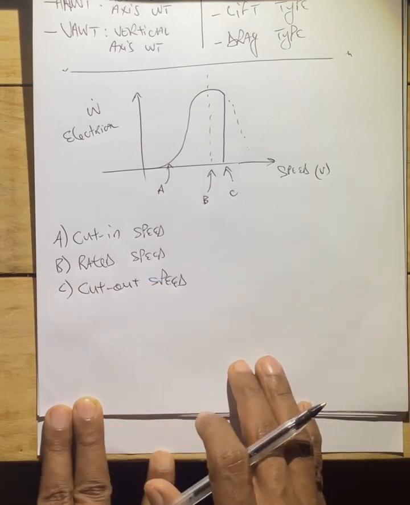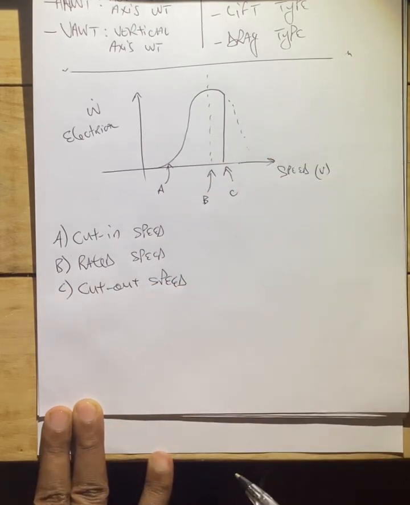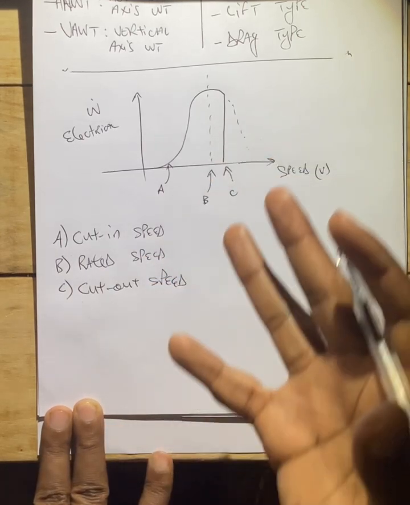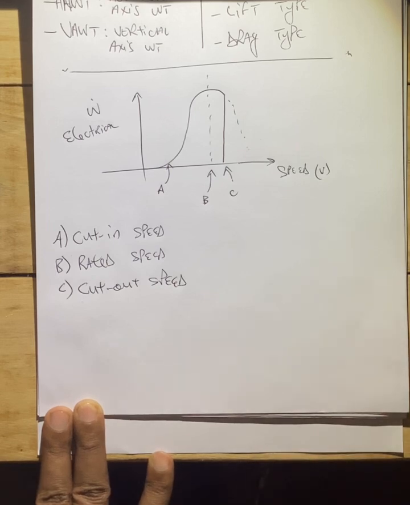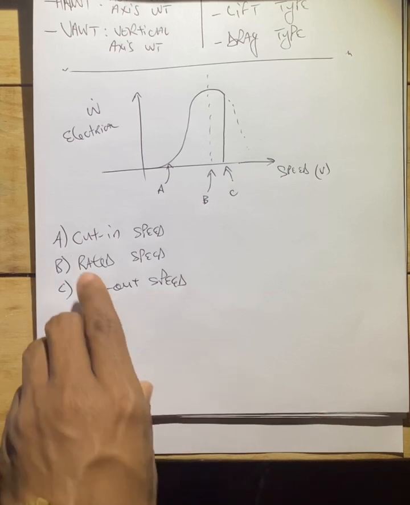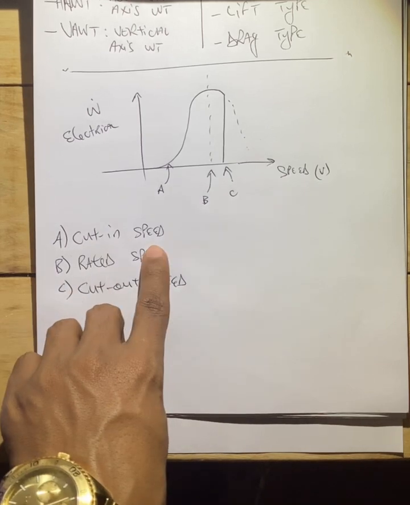I want to consume power, however, I need a minimum speed at which the turbine can produce usable power. That minimum speed, we refer to as the cut-in speed.